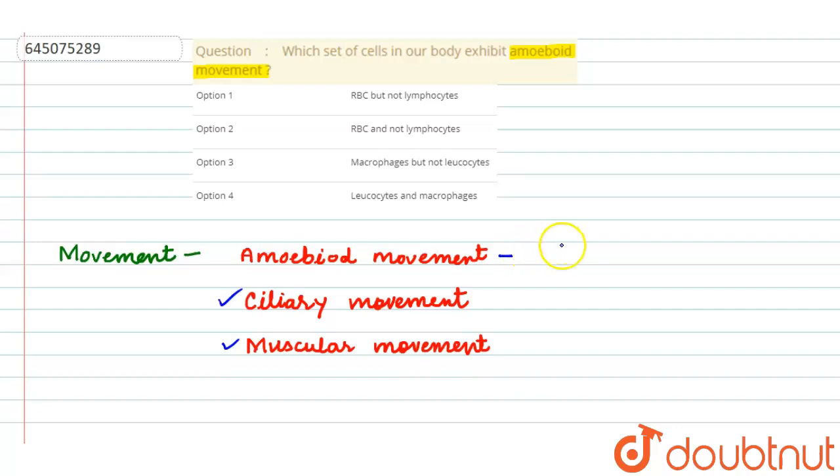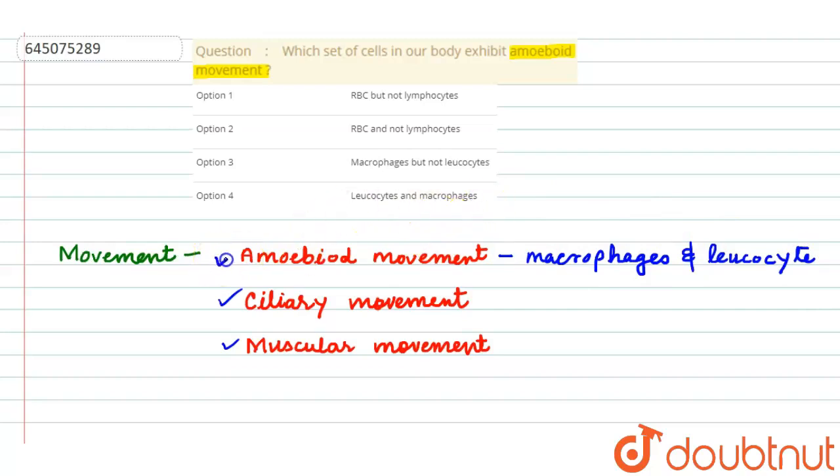The cells exhibiting this kind of movement are macrophages and leukocytes. They exhibit Amoeboid movement so that they can move towards foreign particles and diseased cells and capture them.